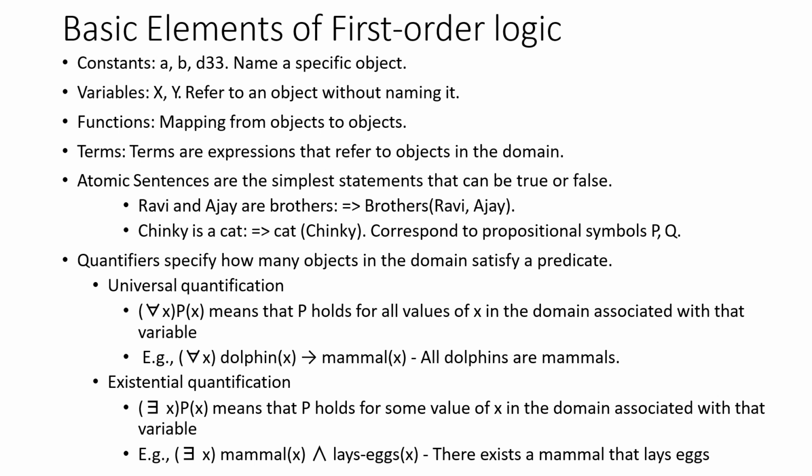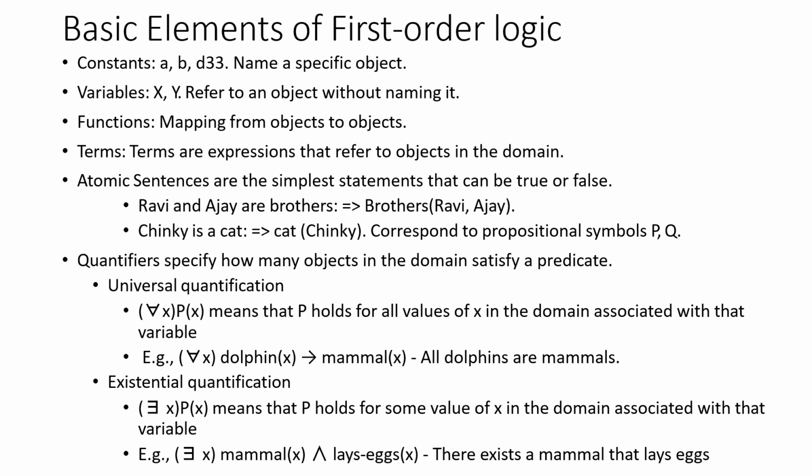The second element is variables. Variables are used when we do not want to name a specific object. We can call them X, Y. Variables can represent any object in the domain. Next is functions. Functions map objects to objects, so for each input, there is exactly one output.